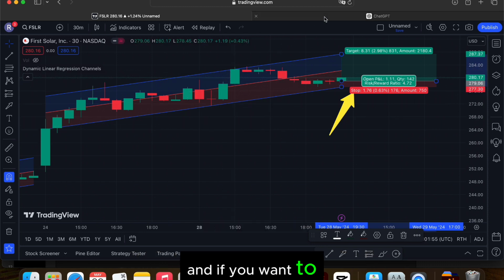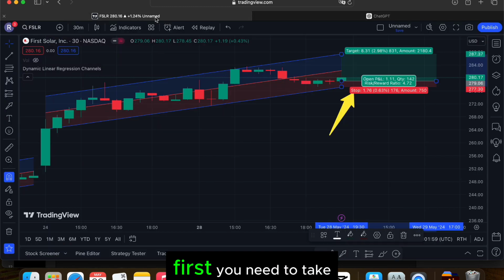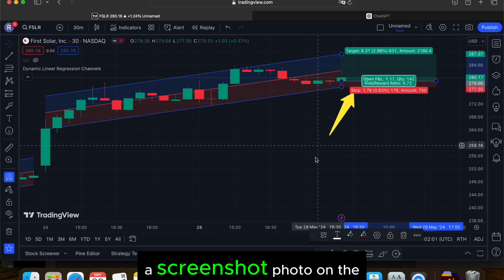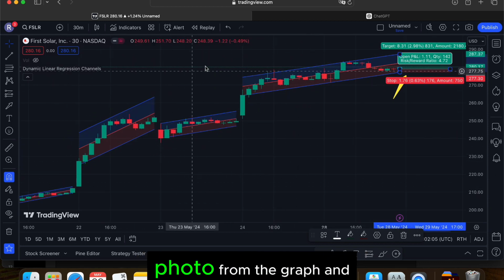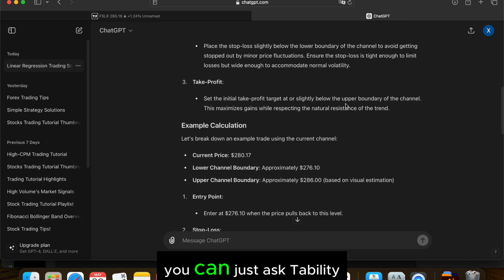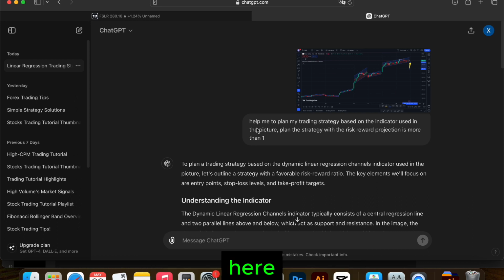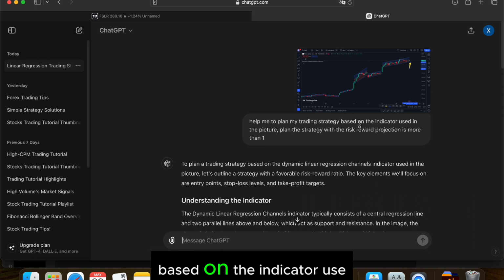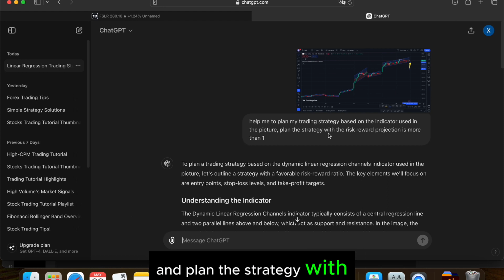And if you want to have ChatGPT help you analyze your trade, first you need to take a screenshot of the graph. Make sure that you take a full screenshot of the graph, and you can just ask ChatGPT, for example, at my settings here, help me to plan my trading strategy based on the indicator used in the picture, and plan the strategy with the risk reward projection more than 1.